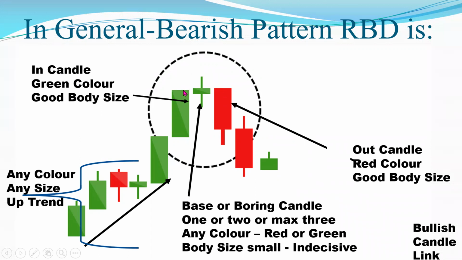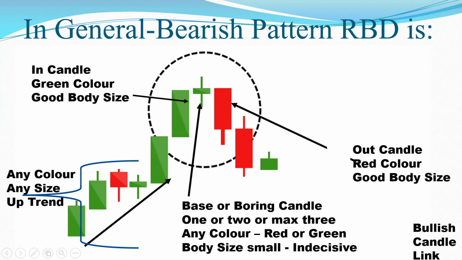So rally, base, drop, RBD. The market was coming up, then a rally candle was formed, big size, then a base small size candle. There can be a couple of candles like this, one, two, three also can be there, and then a drop. So rally base drop. That is giving me a general bearish pattern.